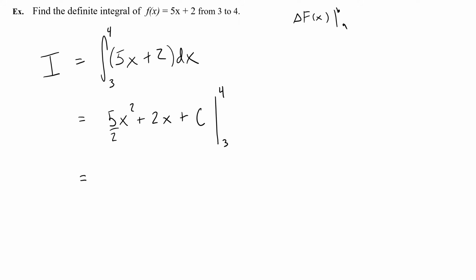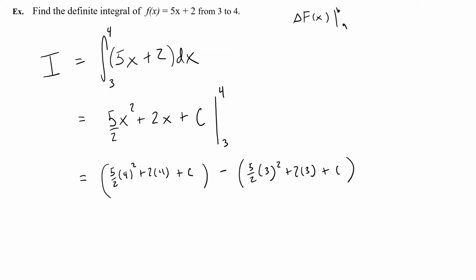So here's what that looks like. First, let's do the whole function and plug in 4. So 5 halves 4 squared plus 2 times 4 plus c. Okay, minus 5 halves times, not 2, 3 squared plus 2 times 3 plus c. Then I algebra.